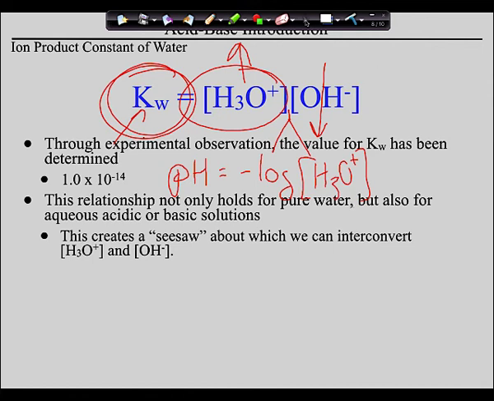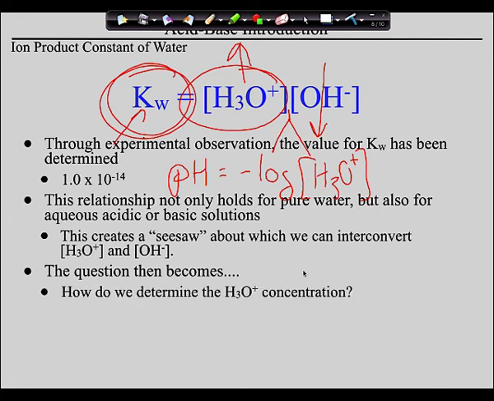So guys, this is where we're going to stop, but let me show you where we're going. What we now need to talk about is how do we know the hydronium ion concentration? How do we know H3O concentration? The answer is pH. That's where we're going next. We are going to pick up on Wednesday by talking about pH.